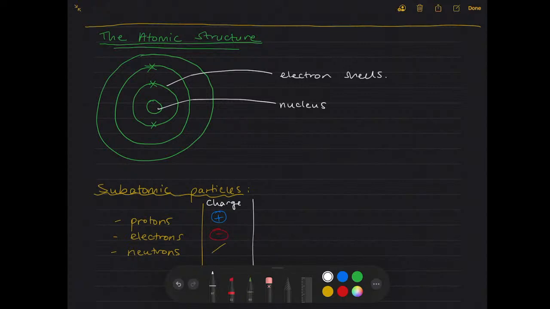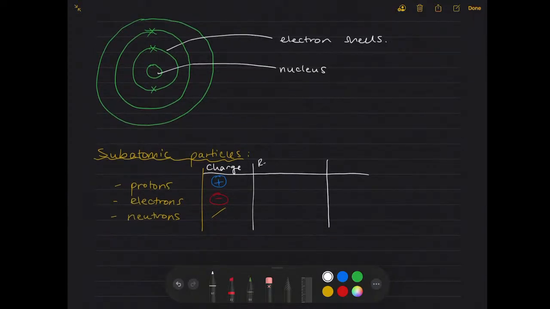In addition, you need to know about the relative mass. What that means is, in comparison to one another, what is their mass? It makes it quite easy. Protons have a mass of 1. Neutrons are also 1, so they are equivalent in mass. Whereas electrons are much, much smaller in mass, so much that usually we can say they are negligible.